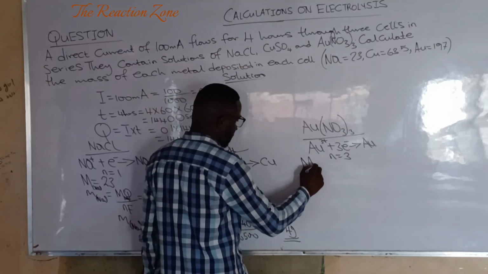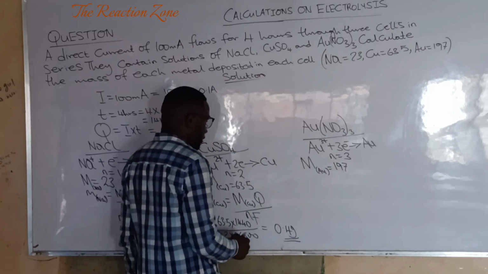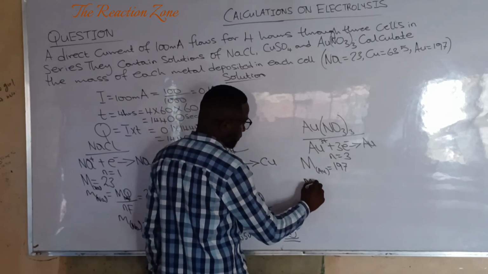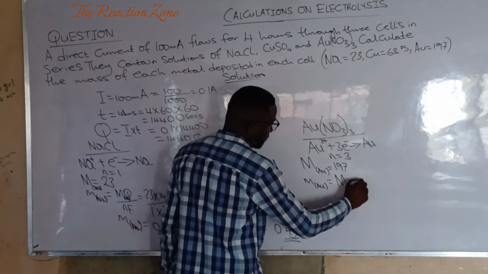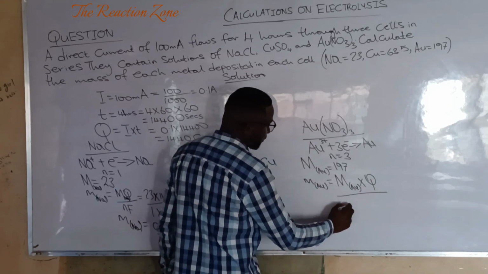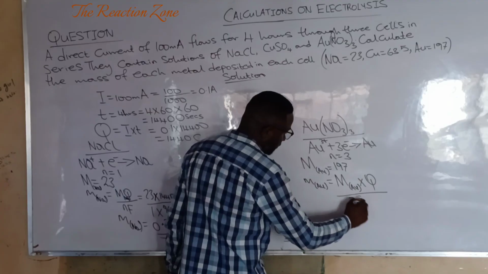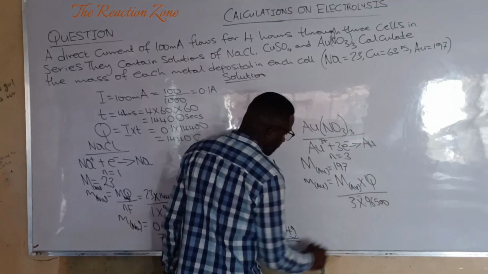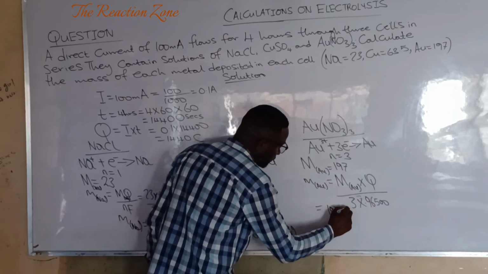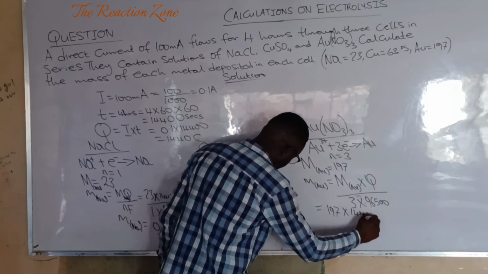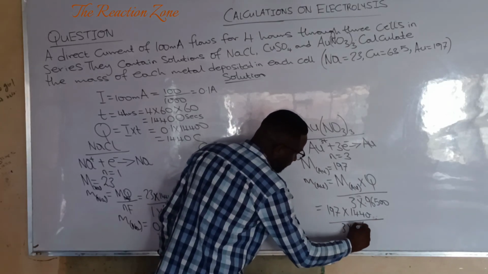The atomic mass of gold, according to this question, is 197. So the mass of gold deposited is going to be the atomic mass of gold multiplied by the quantity of charge divided by n, which is 3 times 96,500. So this is simply going to become 197 times 1440 divided by 3 times 96,500.